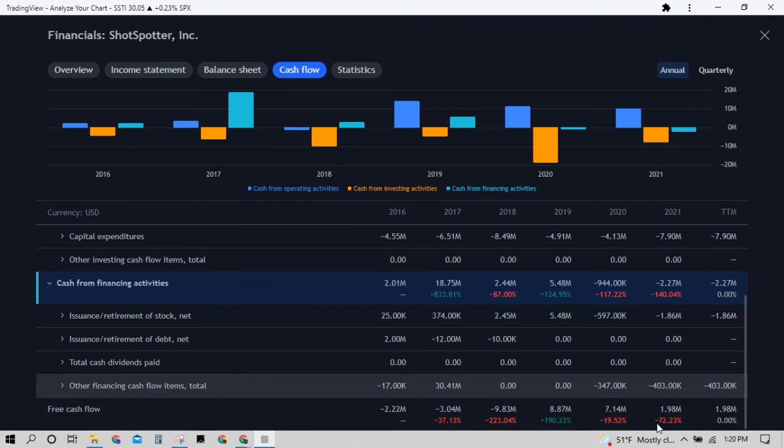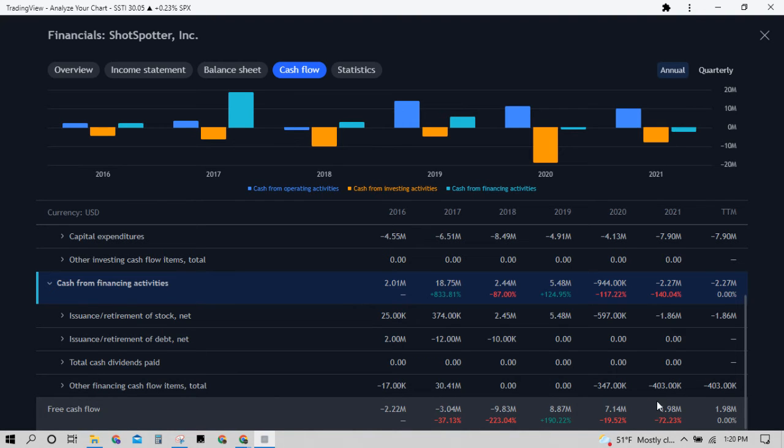I still think 1.98 million is a healthy free cash flow for a company that is an emerging technology. So even though this has decreased significantly, I'm going to assume that they've been investing in something to build their technology and grow their business. So I'm not necessarily turned off by this.